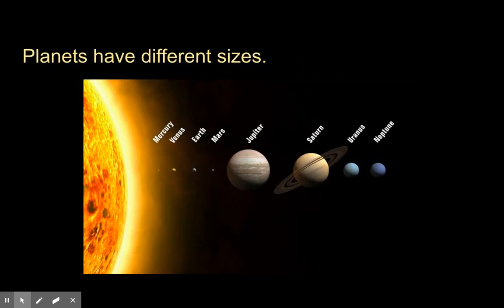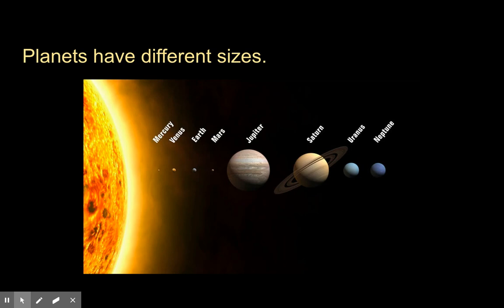So if you take a look at this here, you'll see, and this is not meant to show distance. All right, so the distances on this image here are not to scale. However, the size comparison is.